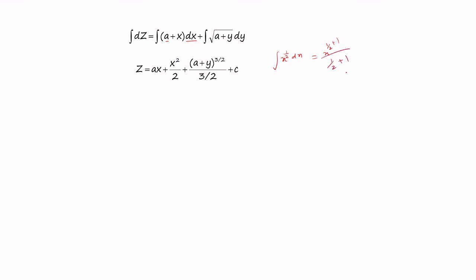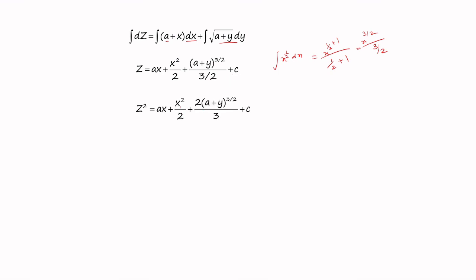So x power 3 by 2 divided by 3 by 2. In place of x, we have a plus y, so (a plus y) whole power 3 by 2 divided by 3 by 2, plus a constant of integration.